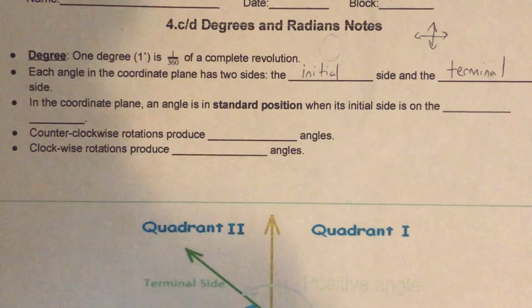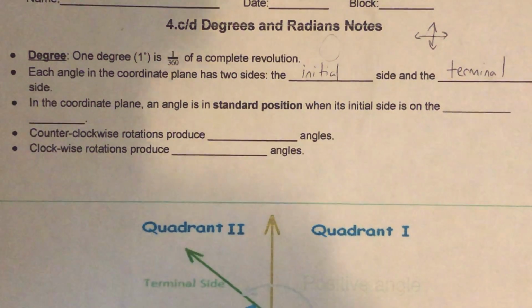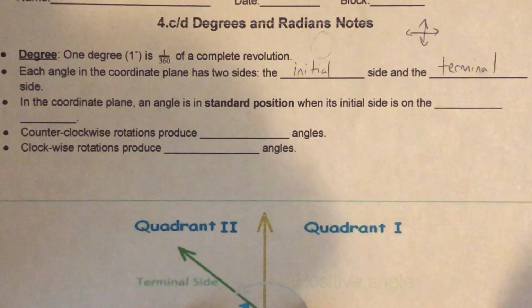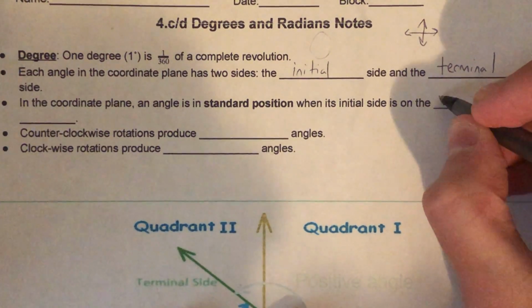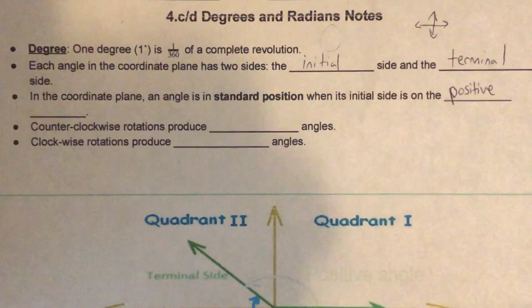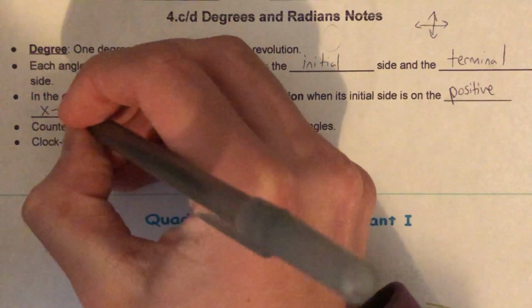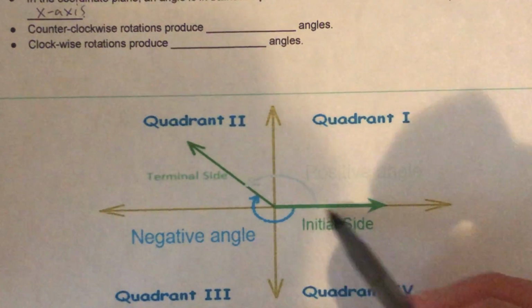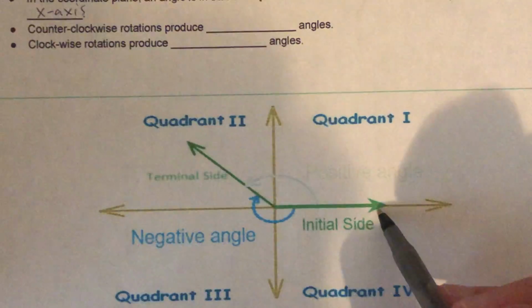When we're drawing angles, an angle in standard position is when its initial side is on the positive x-axis.